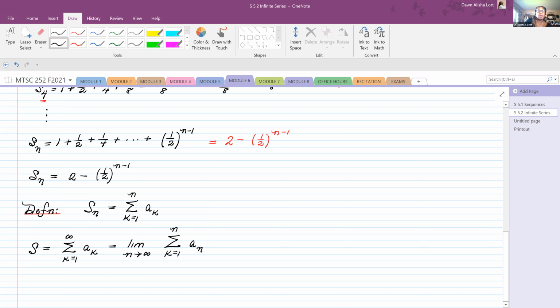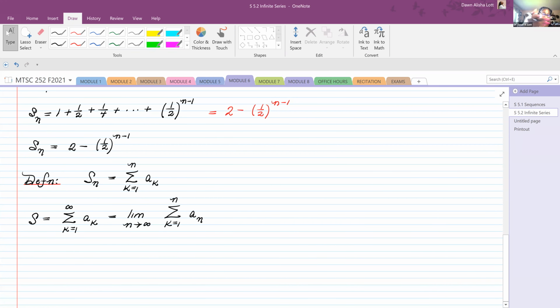Okay, so if I let n go to infinity, I get the sum to infinity. So that implies that the sum of the series is the limit as n goes to infinity of the nth partial sum, because that's what this is.